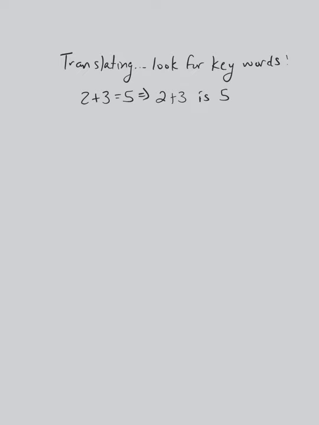Key thing is that word is, so you can see I've replaced the equal sign with the word is, and that is all by itself, and I'll explain why I point that out in a moment. Okay, but the first keyword to realize is that the word is by itself. Okay, we've got to think about verbs a little bit, and I'll point that out. But the word is by itself, that translates to an equal sign.